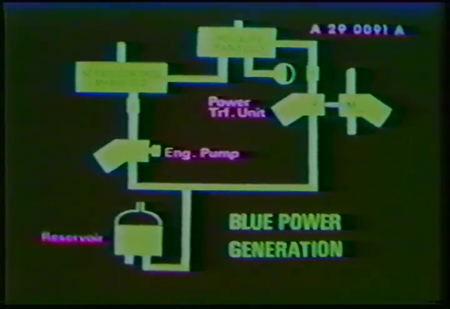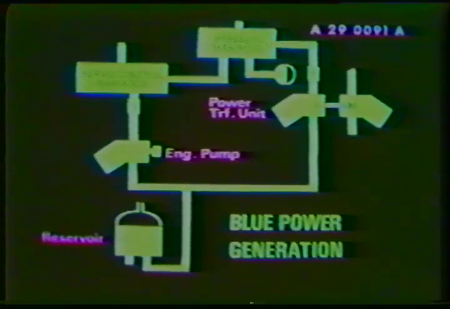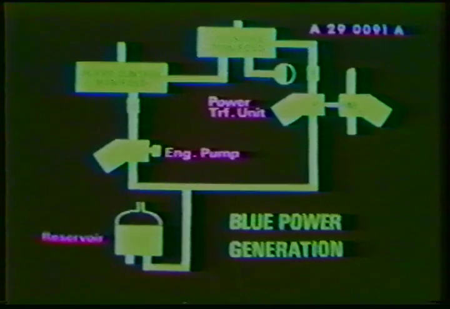On the blue power generation schematic, locate the 2 manifolds designated as servo control manifold and pressure manifold. The engine-driven pump pressurizes the servo control manifold, from which the pressure manifold is pressurized.